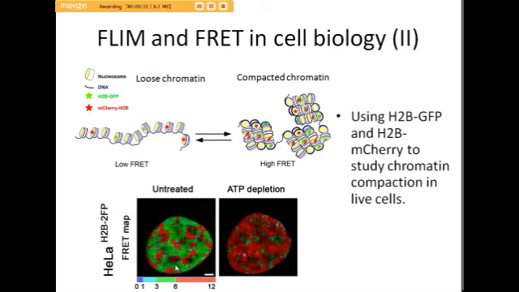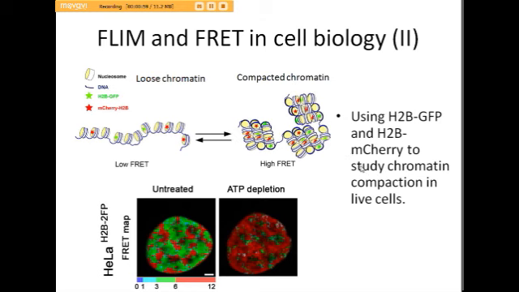That means GFP and mCherry have less FRET in this condition, which corresponds to loose chromatin. In the ATP depletion condition, the FRET efficiency increased. It shows red, and red corresponds to higher FRET efficiency than green. So this corresponds to compacted chromatin.